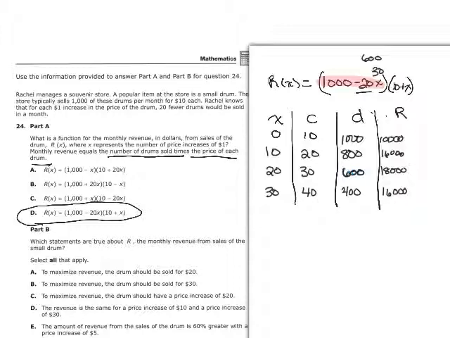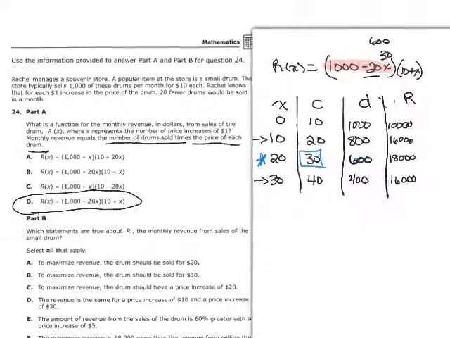If we raise the price by 30 and charge $40 per drum, then we're only going to sell 400 drums and we're only going to make 16,000, which happens to be the same amount we made when we increased the price $10. So to really get the maximum, the vertex, the absolute max price is going to be increasing by 20, or selling it for a total of 30.